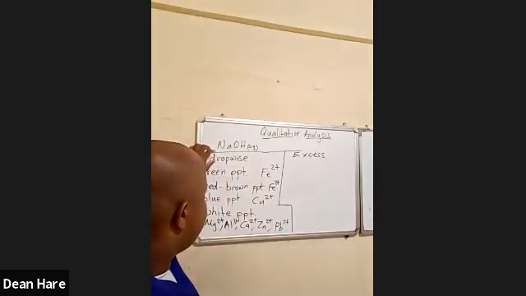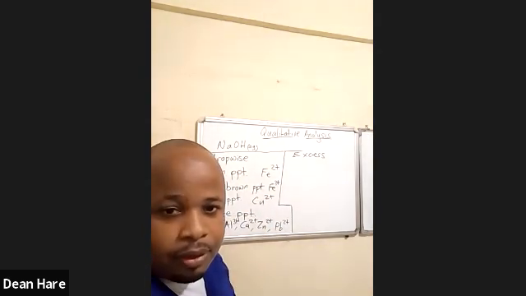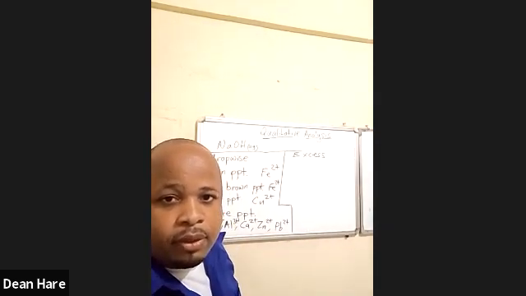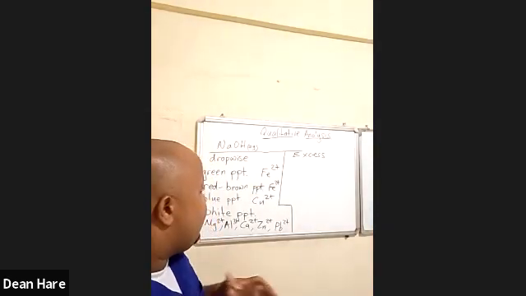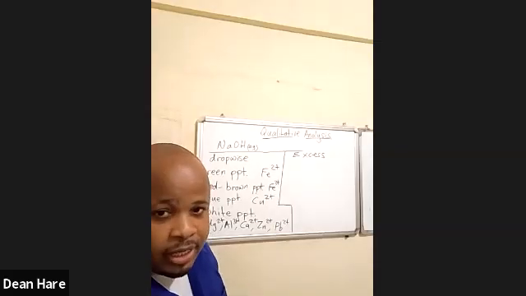So when you add a few drops of NaOH, you will get a precipitate. If you add a lot of NaOH, the precipitate that is produced will not dissolve in the excess.